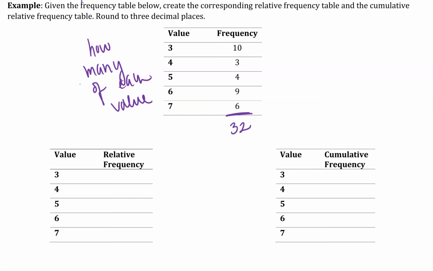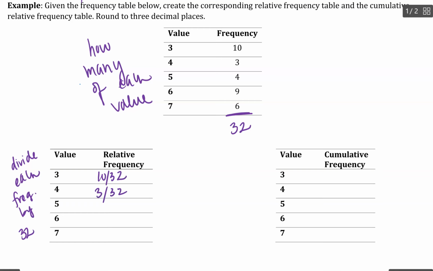So for relative frequency, we want to divide each frequency by 32. Okay, so we will have 10 divided by 32 here, 3 over 32 here, and so on all down the table. So this gives us basically an easier way to compare, or lets us see how likely each value is in comparison to the others.